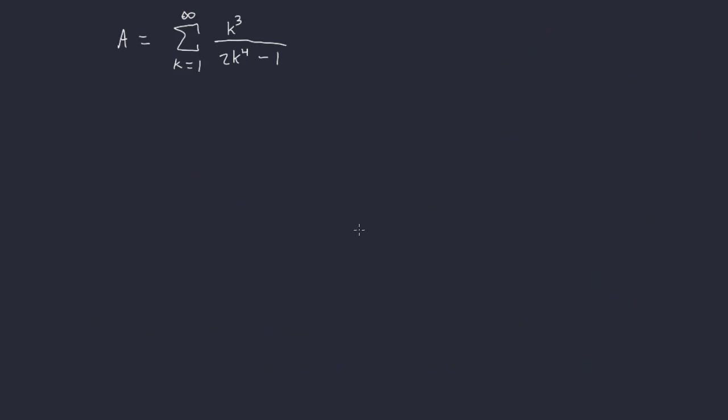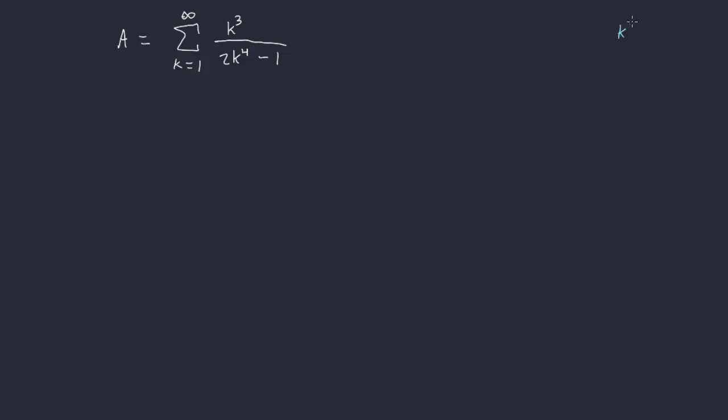All right, let's consider this series here. If I want to use a comparison test, sometimes it can be difficult to decide what your test series is going to be. What I tend to do is just look at the top powers of k or n in your fraction.